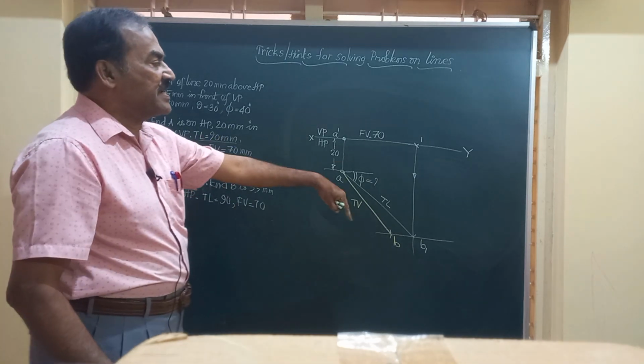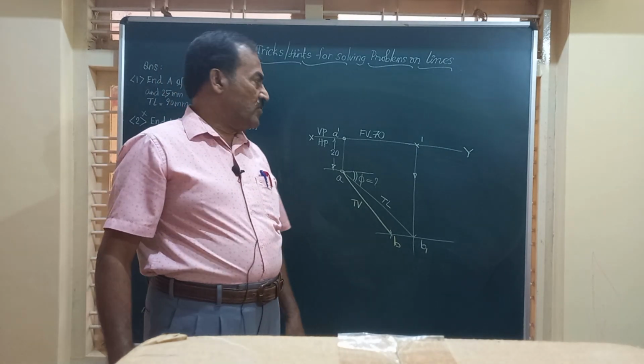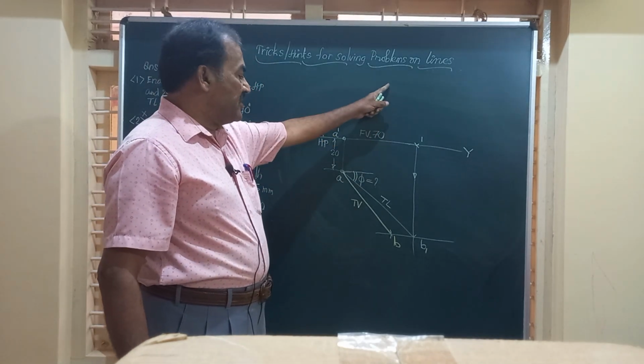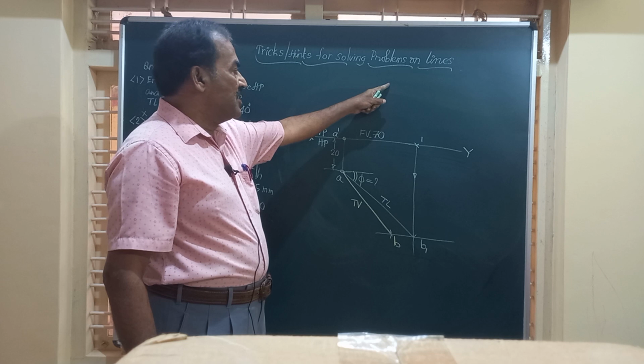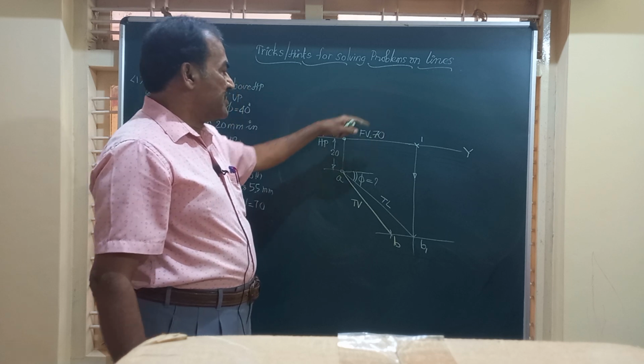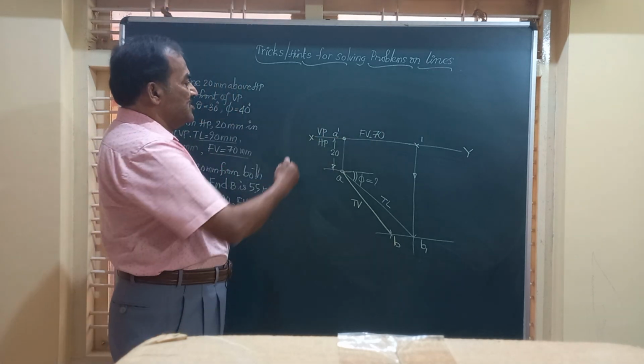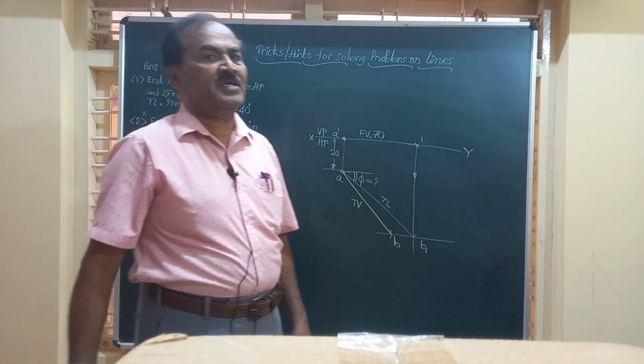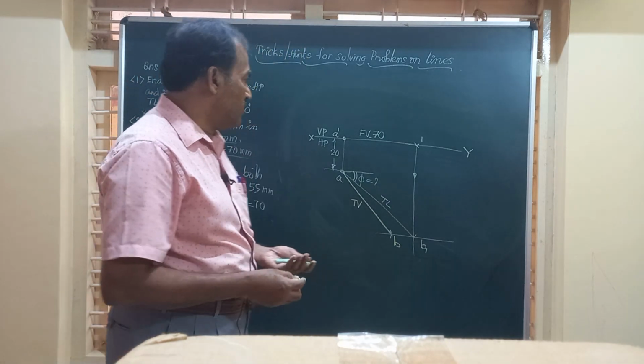So with this skeleton, we should be able to obtain the front view A dash B dash, and then we should also get what is called the inclination of the line with HP, that is theta, you have to obtain.